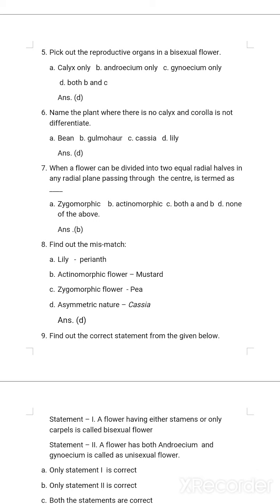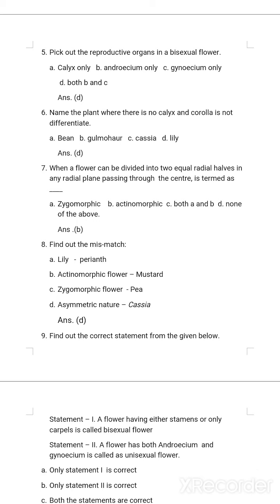In the previous class we had a discussion, it is nothing but radial symmetry. If you pass one radial plane through the center of the flower, it can be cut into two equal halves in any direction. Understand? So the correct option is option B, actinomorphic. It is a radial symmetry. Next, eighth question. Find out the mismatch.